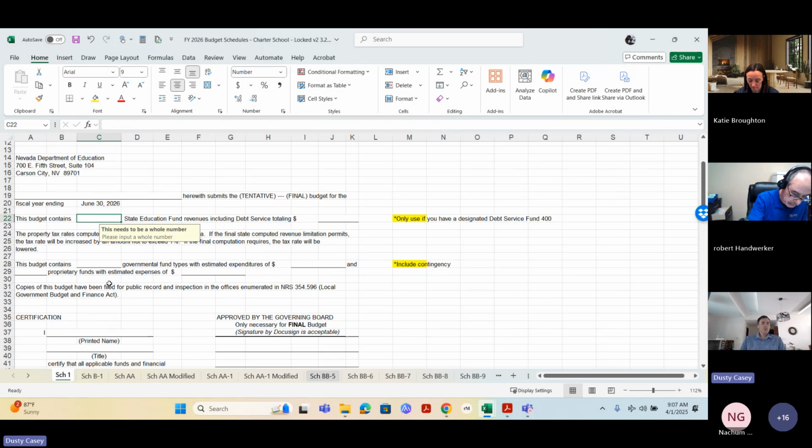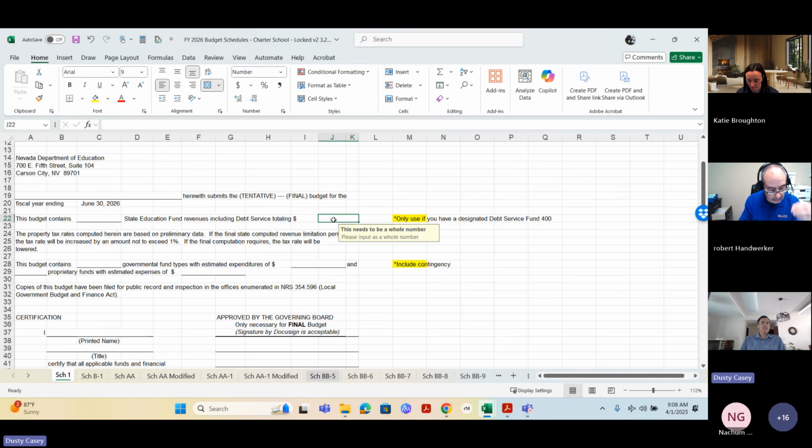Now, this total should come from another tab, and I'll get to that in a minute. But this is really the sum total of your PCFP funds, your local special education funding, and any of your ELL, at-risk, and GATE funding, if you get that. Basically everything that's associated with the PCFP funding. That would be the total that goes in this cell here, C22. And again, you can pull that from another tab, and when we get there, I'll make sure to note that.